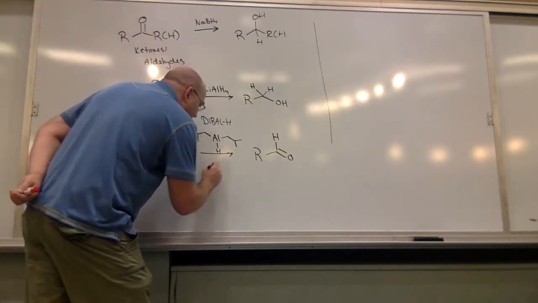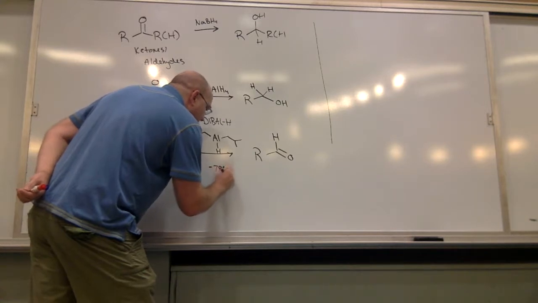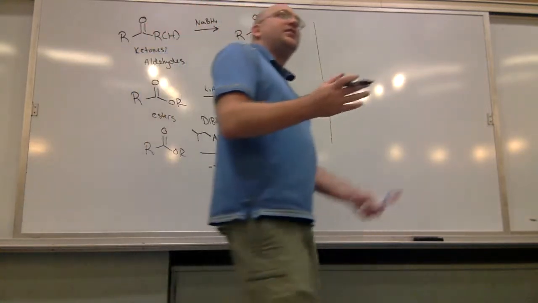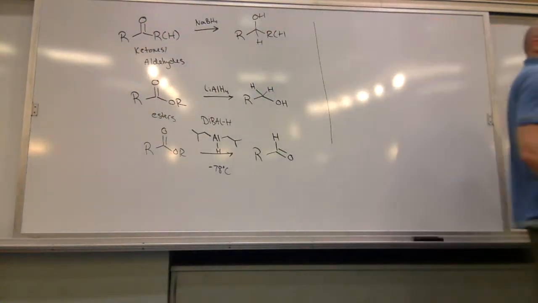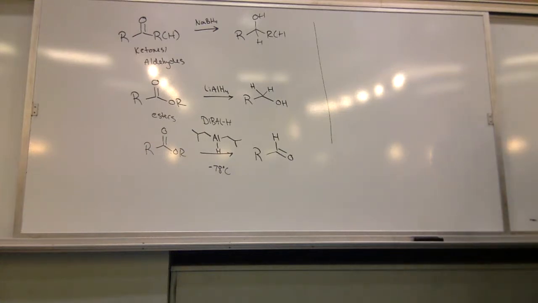And so these are often run at minus 78 degrees Celsius. So you run these reactions at very, very low temperatures. Minus 78 is a fairly typical super low temperature that chemists will use, in large part because you can access it pretty easily with dry ice and acetone. So take dry ice and acetone, mix them together, and you get that.